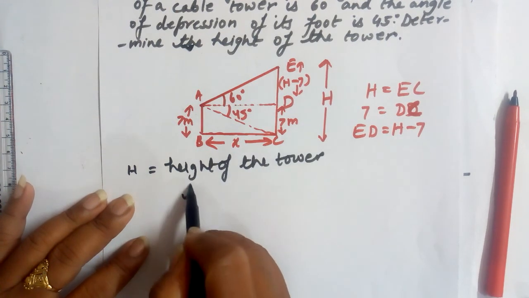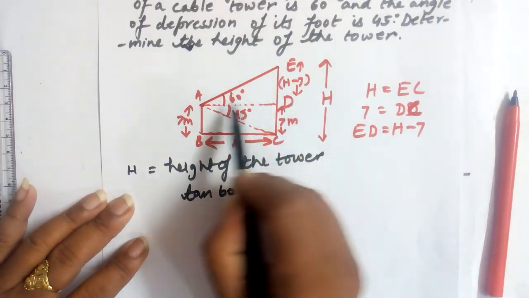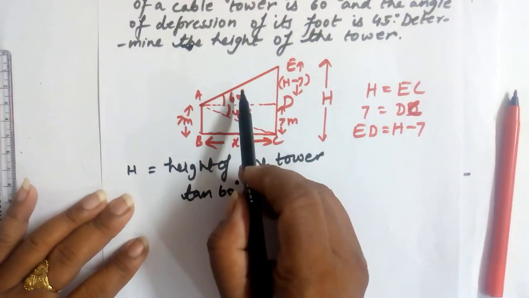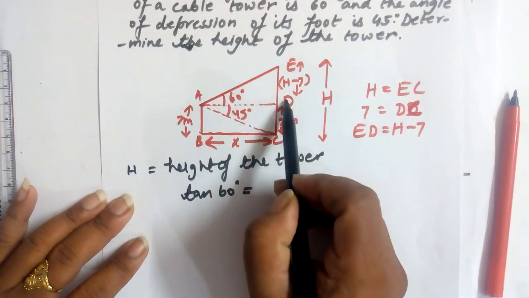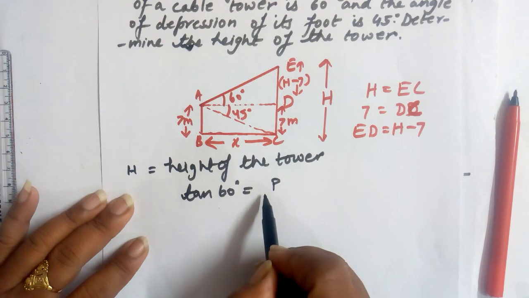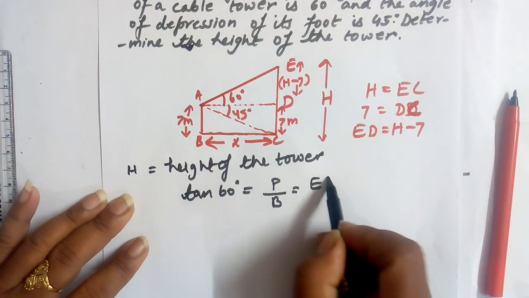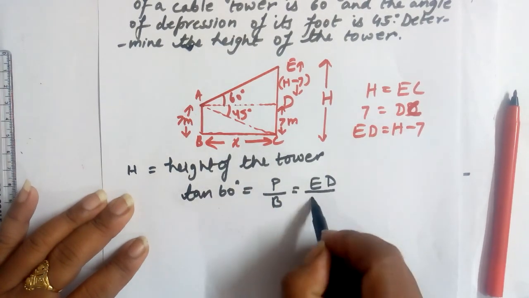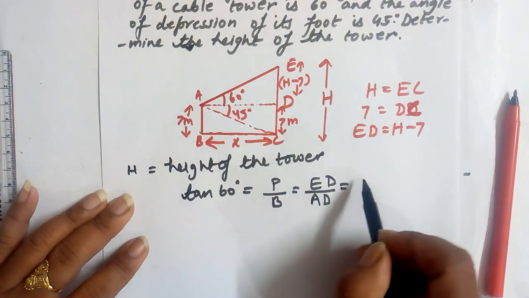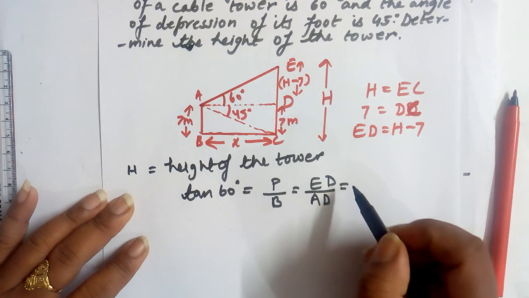So tan 60 degree is equal to, I am talking about this angle, so we will deal with the triangle AED. First of all we will write perpendicular upon base, and here the perpendicular is ED and the base is AD, that we have assumed as the X distance. You can continue with this AD also.